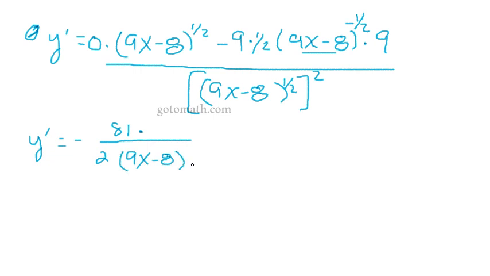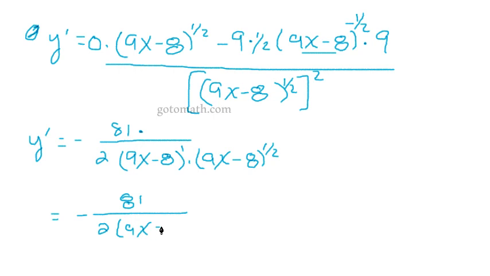I'm going to put parentheses around this because I'm going to take it down into the denominator. Since it's a negative exponent, we take it down here, 9x minus 8, and it becomes a positive half. So now we have negative 81 over 2 times 9x minus 8 raised to the 3 halves, adding the exponents. So there you go, there's your derivative.